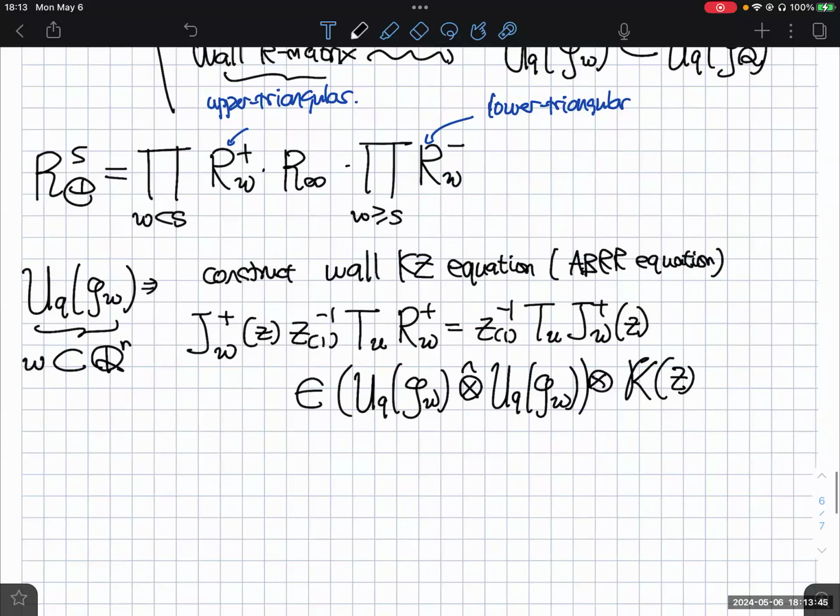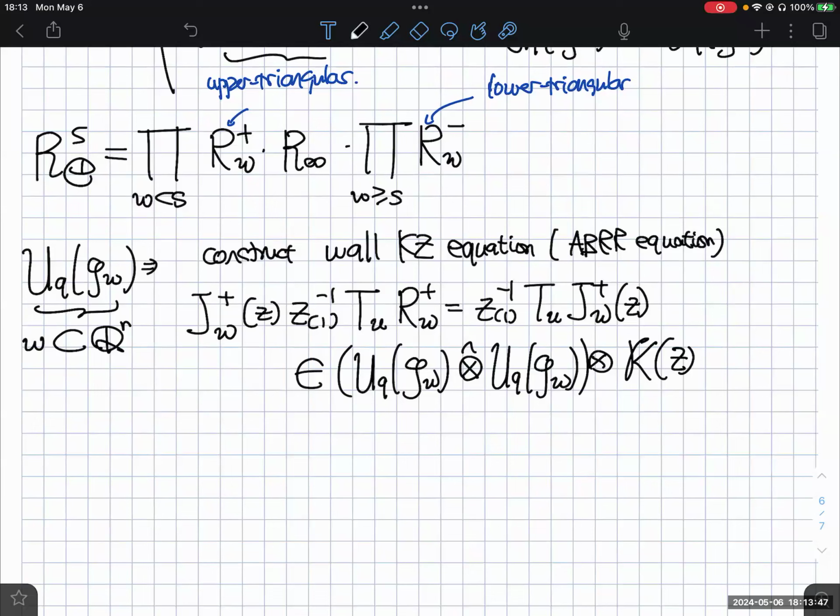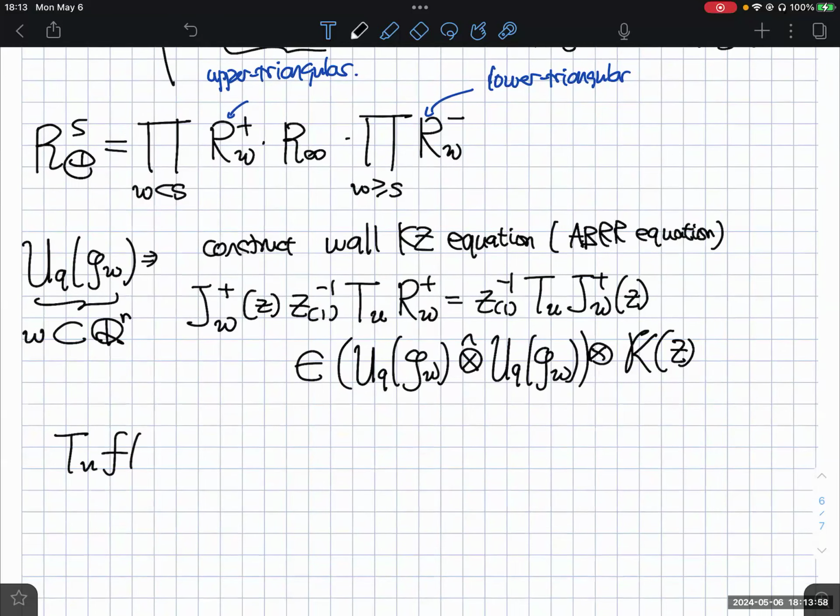The key thing here is this equation, and here I need to explain the notation. All of this kind of thing has two variables. One is the Kähler variable, another is the equivariant variable, because the geometric R matrix is a matrix with the equivariant variable. So this T is the translation operator, translating from U to U times P.